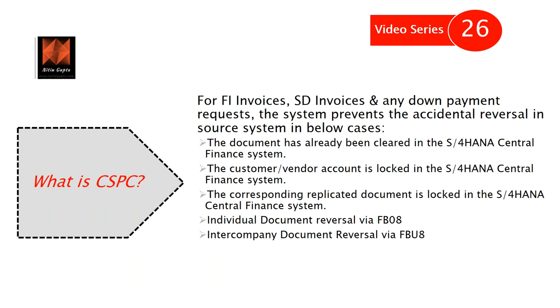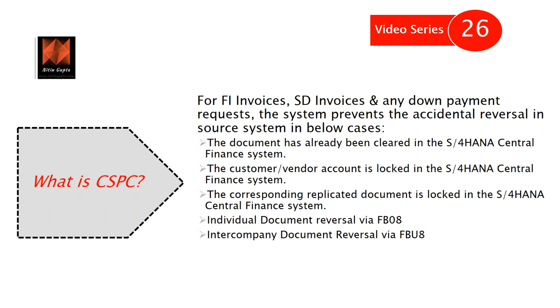What happens if I reverse the documents? If something has already been cleared in S/4HANA and I reverse the invoice in ECC and repost, it will come again. So for FI and SD invoices, especially invoices and down payment requests, the system prevents the accidental reversal in the source system.